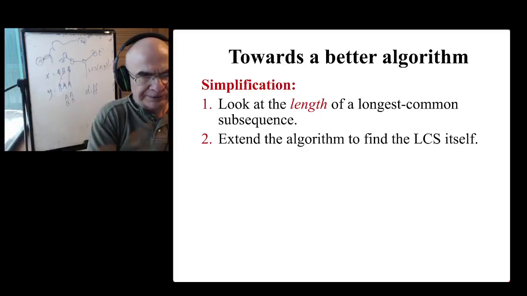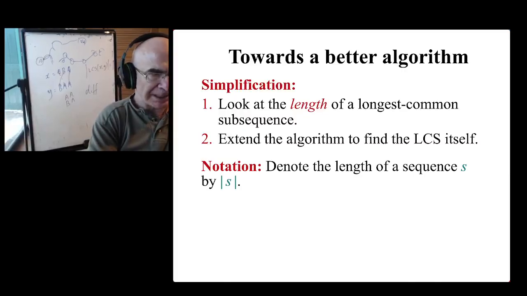So from now on, I'll talk about the length of the LCS. And once I know this number, we'll see how it helps me figure out which characters form the LCS.